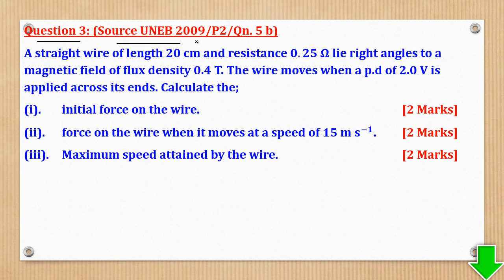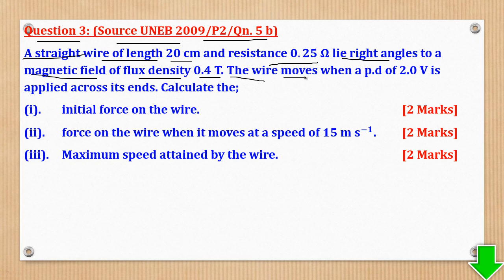Question 3 came from UACE 2009 paper 2 question 5b and says a straight wire of length 20 centimeters and resistance 0.25 ohm lies at right angles to a magnetic field of flux density 0.4 Tesla.